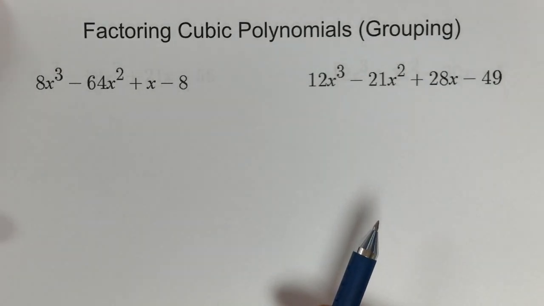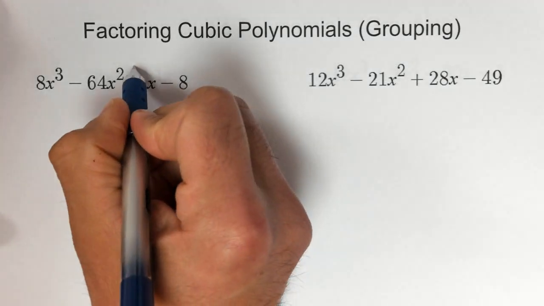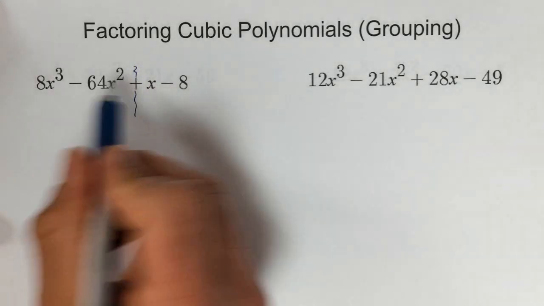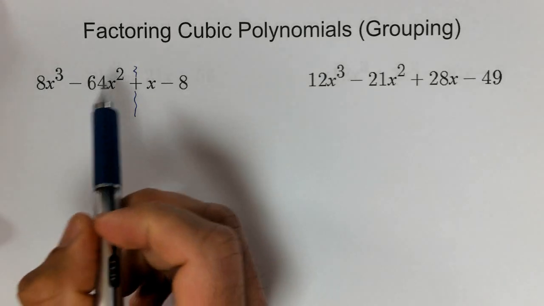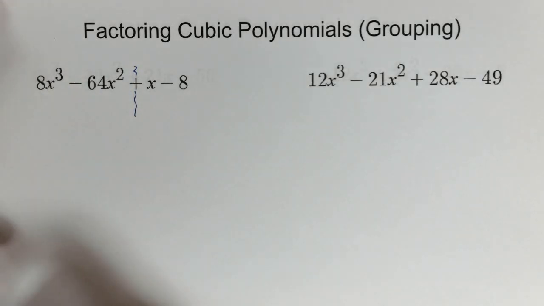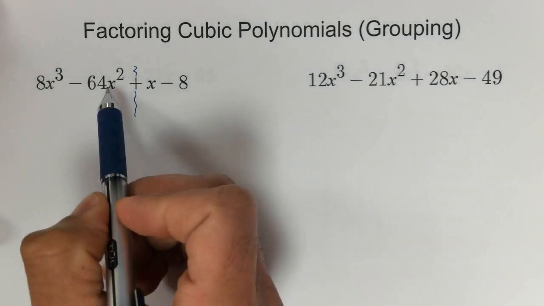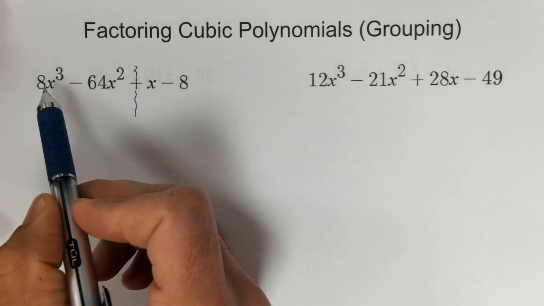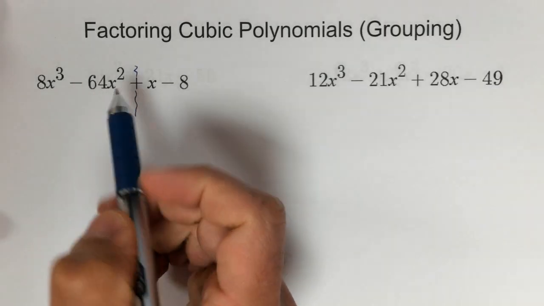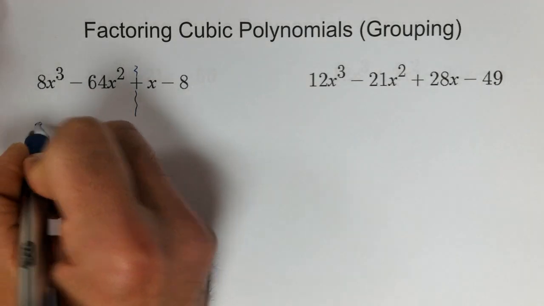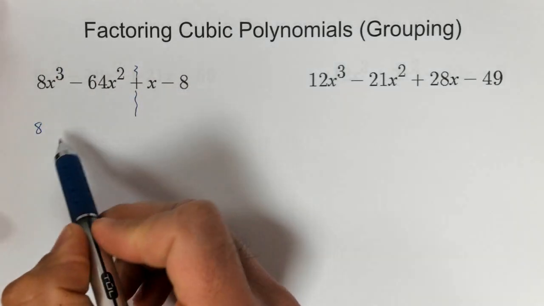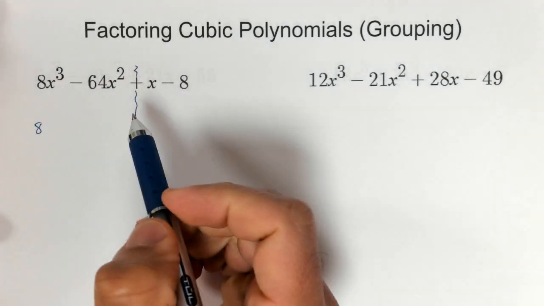into two groups. I'm going to divide this into the group on the left side and the group on the right side. And I'm going to factor them separately. So what is the greatest common factor between these two numbers? What number divides into both? Well, 8 goes into 8x cubed, and 8 also goes into 64.